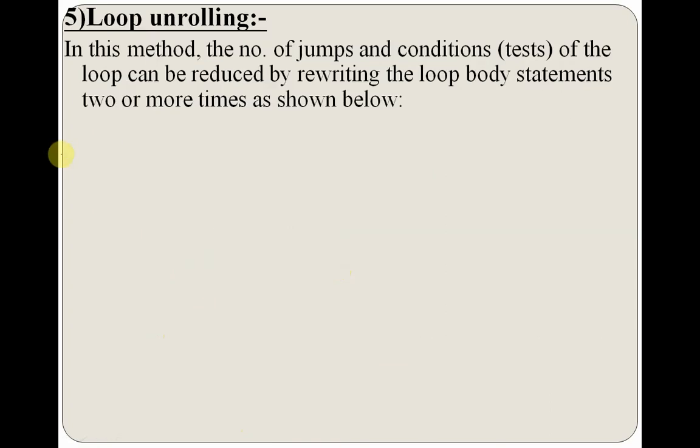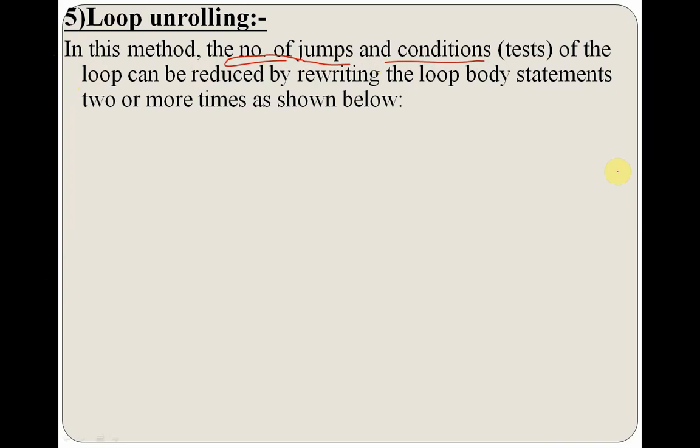Next, loop unrolling. Rolling means folding, unrolling means unfolding, expanding, and we can apply this meaning here. In this method, the number of jumps and conditions of the loop can be reduced by rewriting the loop body statements.